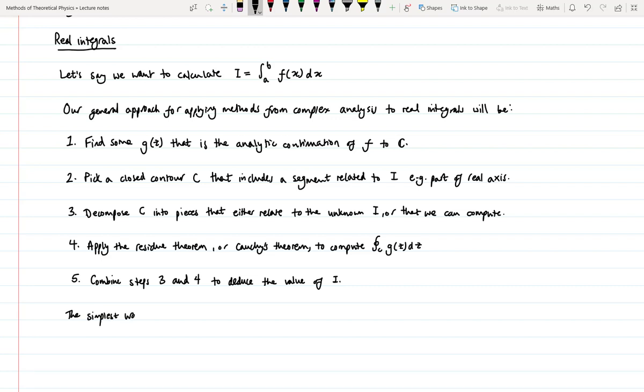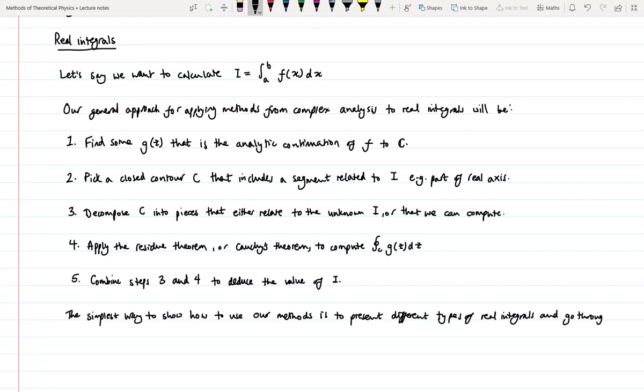The simplest way to show how to use our methods is to present different types of real integrals and then work through a variety of examples.